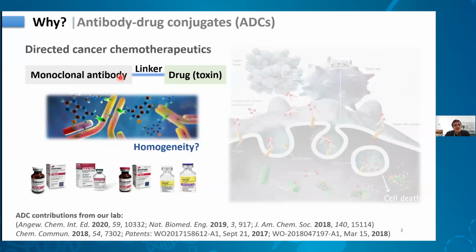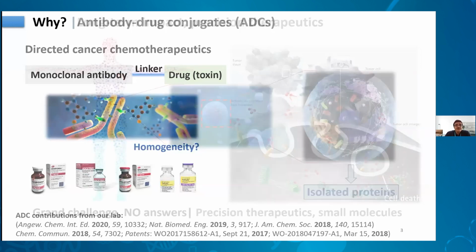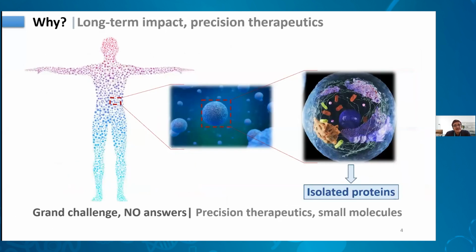But while we are working with protein-based therapeutics, we also realize that this segment of therapeutics would not be accessible to a huge population across the globe simply due to the cost factors. So while we are working with homogeneous ADCs, in the long run, we want to see if we can selectively target a specific site of a specific protein within a human body.